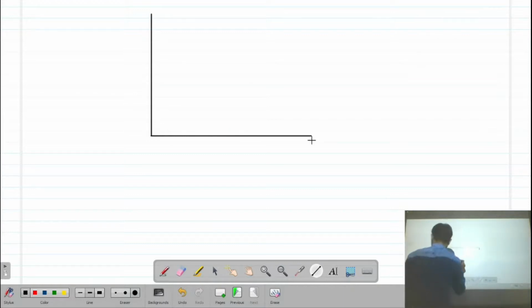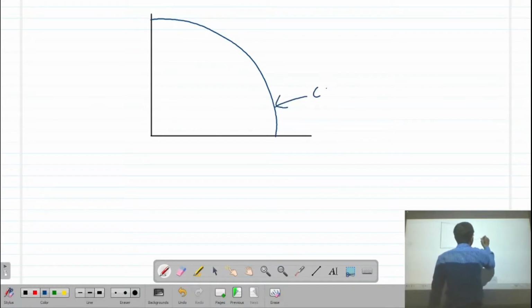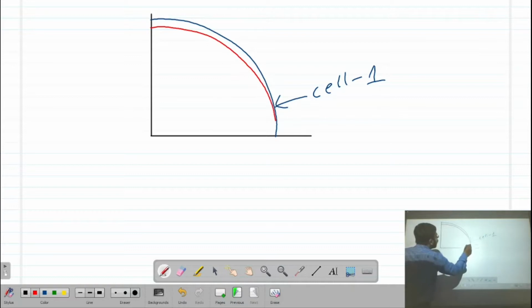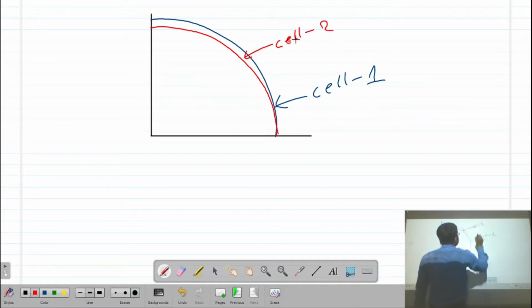So this is the IV, this is for cell 1, and let us take cell 2.